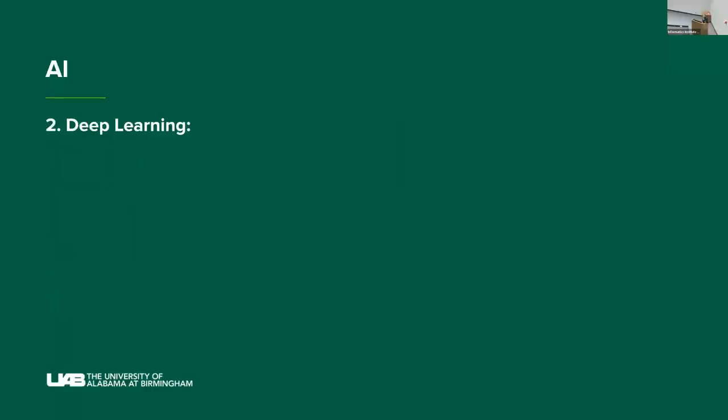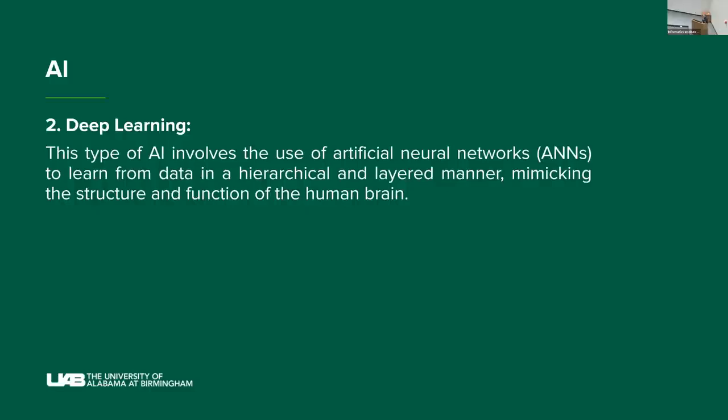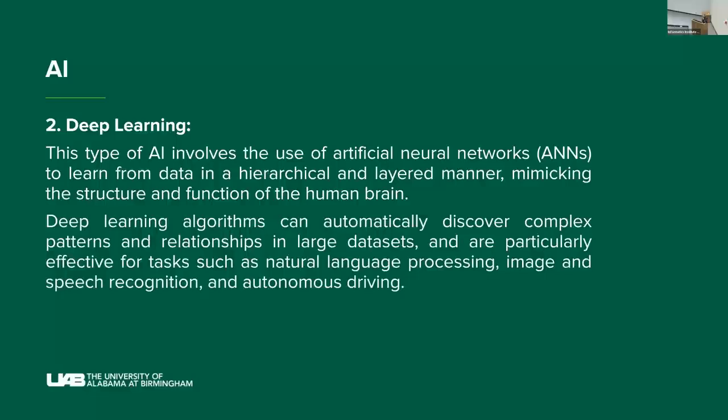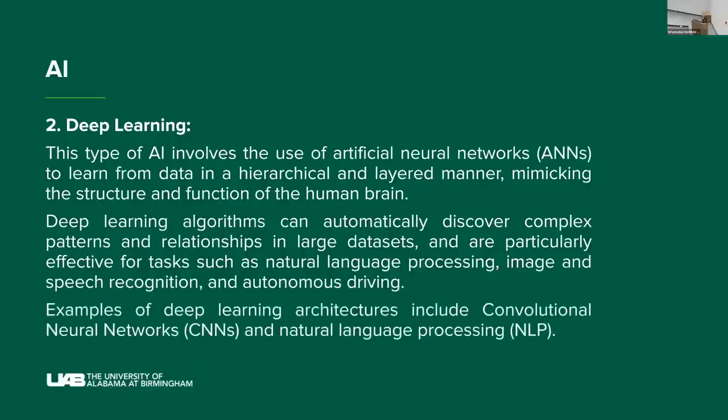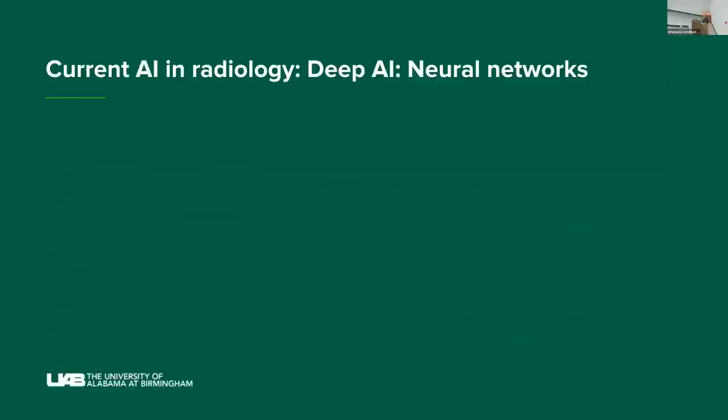The second family of machine learning and artificial intelligence is deep learning. These models mimic human neurons, and they are capable of analyzing and working with deep complex features. The most common deep learning models are convolutional neural networks and natural language processing.